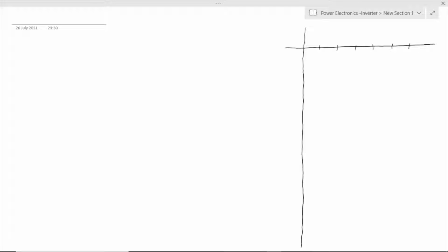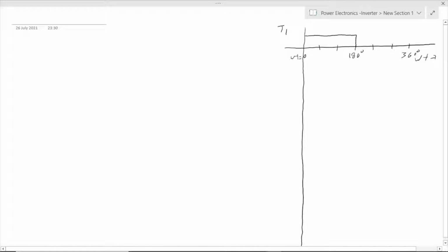What I just said is that if T1 is switching on at omega t equal to 0, so this is omega t equal to 0, it will conduct for 180 degree, and this is 360. For half of the time, it will not be on.